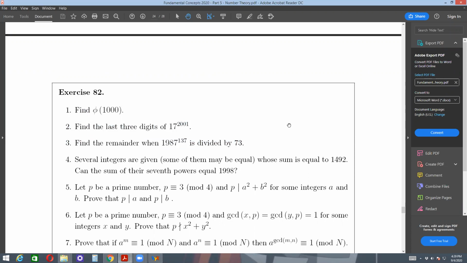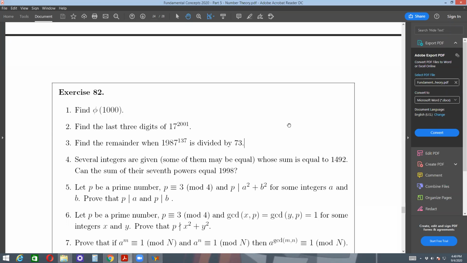So first of all, tell me what phi of 1000 is. How do you work that out? What's the prime factorization of 1000? 2 cubed by 5 cubed, right?